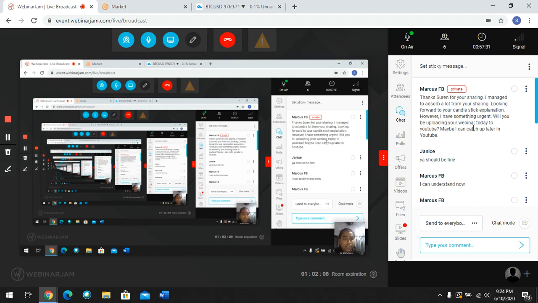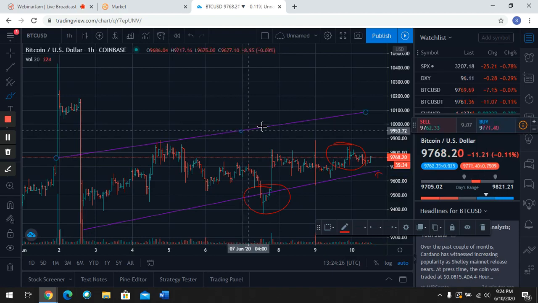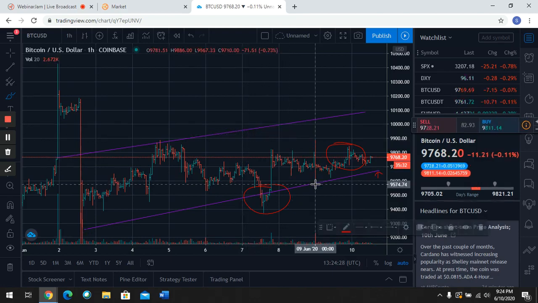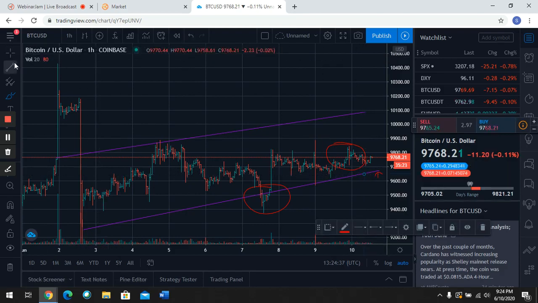So let's move into candlesticks. What can we see in candlesticks? I hope you guys are clear on the bar chart now. So what is the bar chart able to show you guys? All right, no problem.